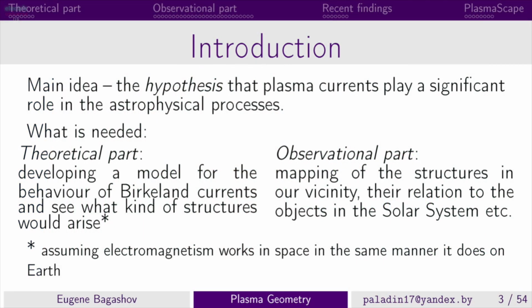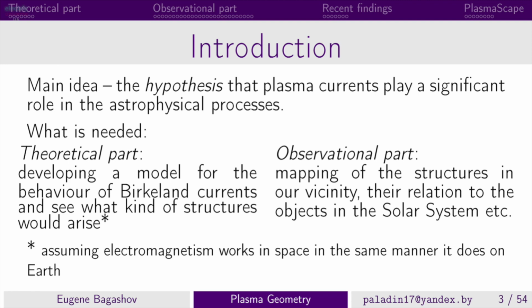Okay, so the main idea that we're going to be dealing with here is the hypothesis that plasma currents might influence the behavior of celestial bodies in a major way. I believe that if we start from this idea, then we really have to solve two tasks pretty much simultaneously.